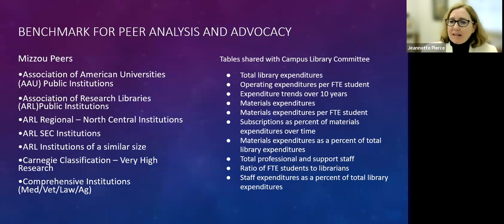These are the types of things that I really look for in the data that I want to share with you today. And it was a very useful presentation with our campus library committee. It helped them have conversations with their colleagues on faculty council, and ultimately informed how they wanted to advocate for us with the provost's office on our campus, which had a successful outcome this past year.